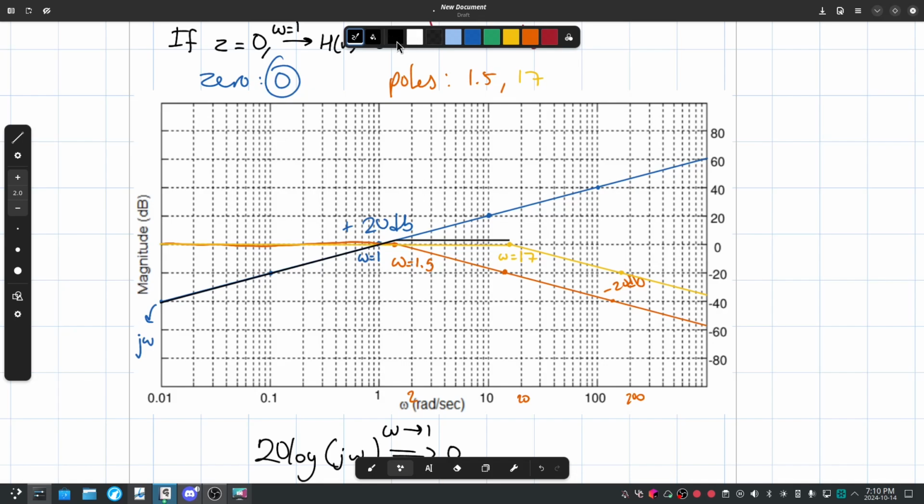And now at this point, we have one pulling down, another 20 pulling down, and we have 20 pulling up. What is the change here? It's going to be minus 20. So once again, we're going to get our thing here, and it's going to go down like so. We can annotate the graph here: plus 20 dB, 0 dB, and minus 20 dB.